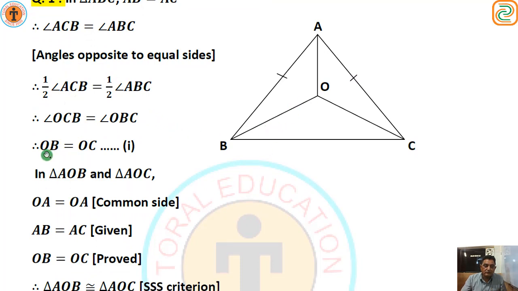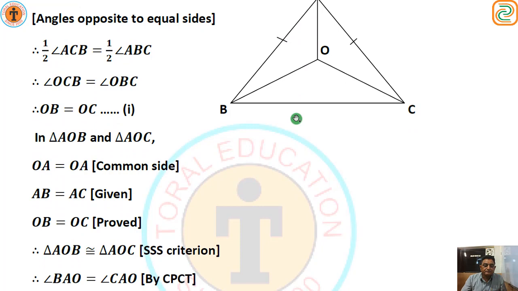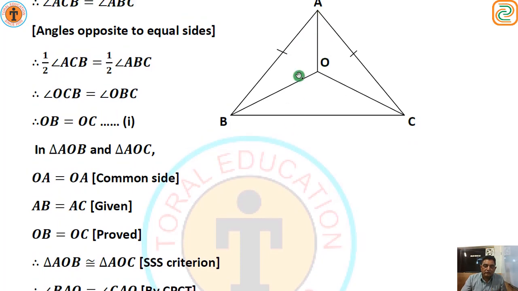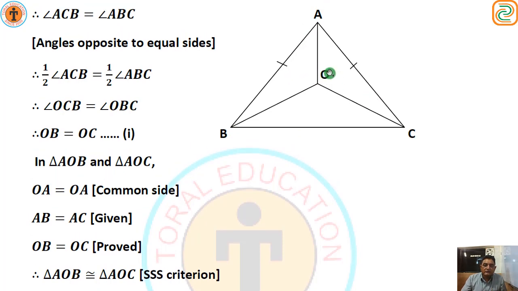So by the side criteria, these two triangles AOB and AOC are congruent. If they are congruent, then the corresponding parts are congruent.